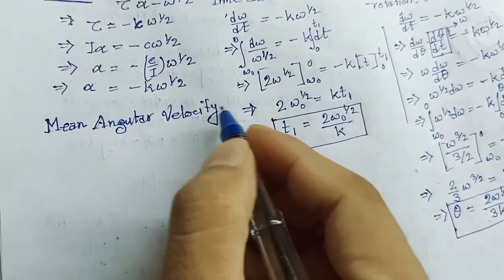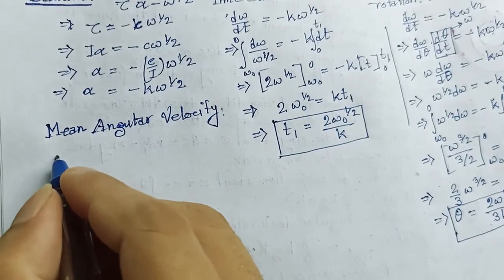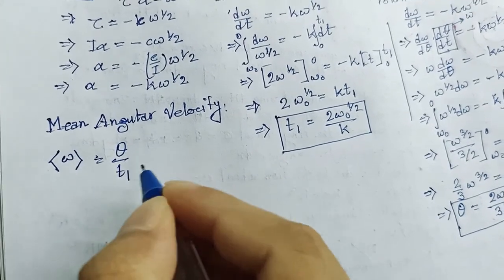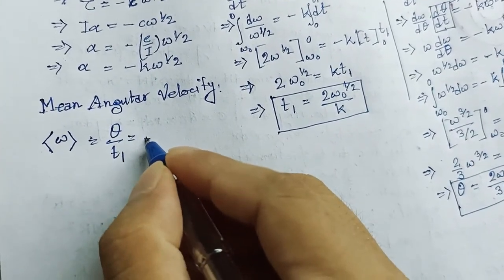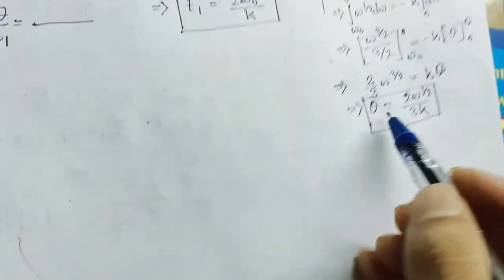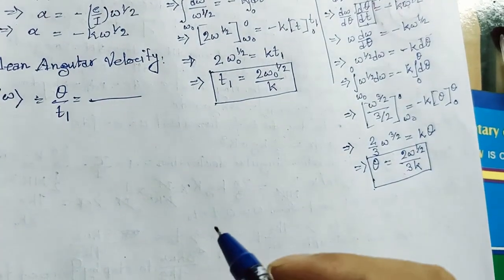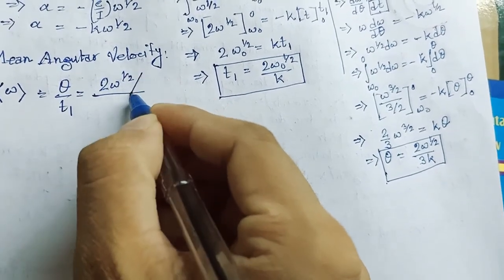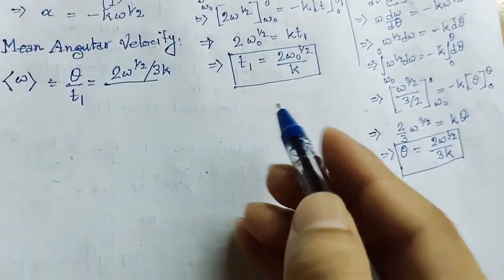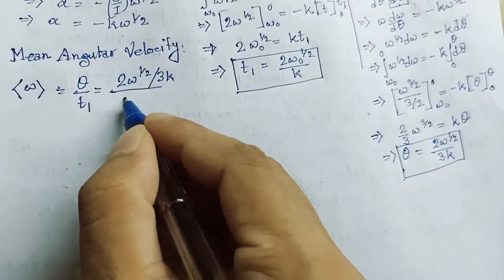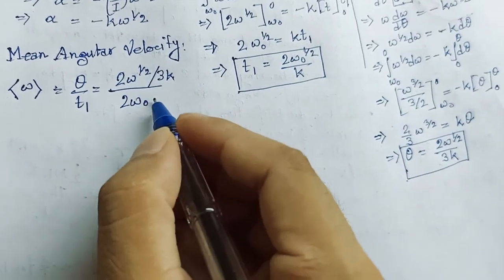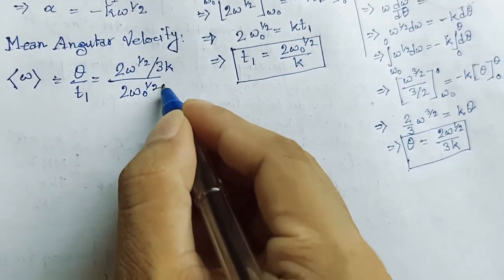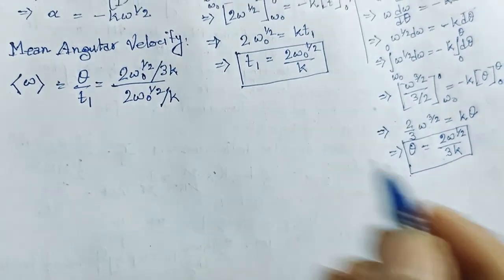For finding the mean angular velocity, we have to find omega mean, which will be equal to theta divided by t1, which can be written in the form of: the value of theta is equal to 2 omega naught to the power 3 by 2 divided by 3k, and the value of t1 is equal to 2 omega naught to the power half divided by k.